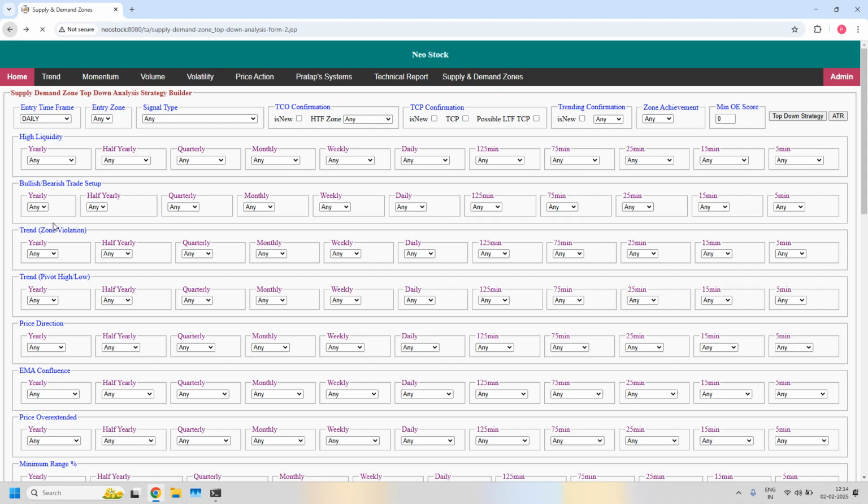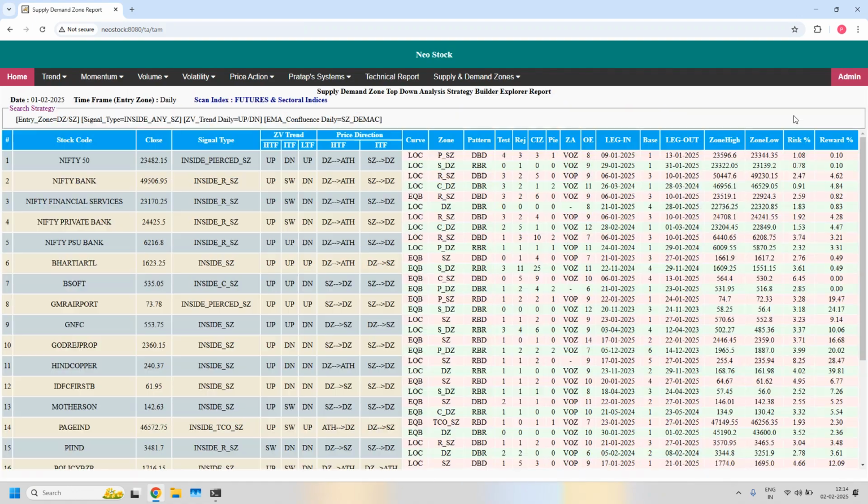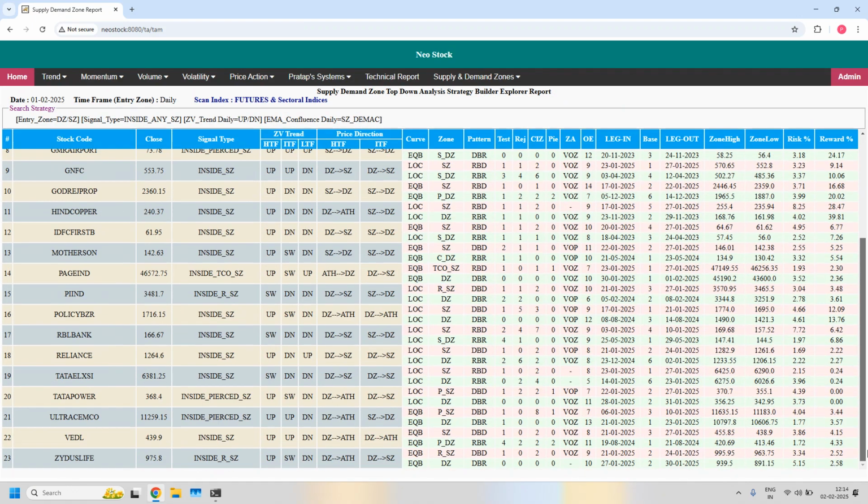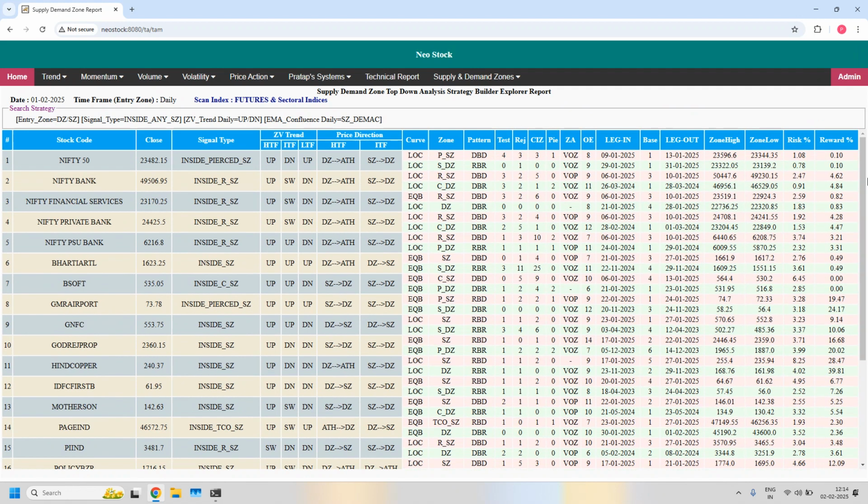I'm going back. In the EMA Confluence at the daily time frame, I'm setting the filter: daily supply zone having daily EMA Confluence, and the trend on the daily time frame should be either up or down. Let's filter. Now the list has come down to 23 stocks.